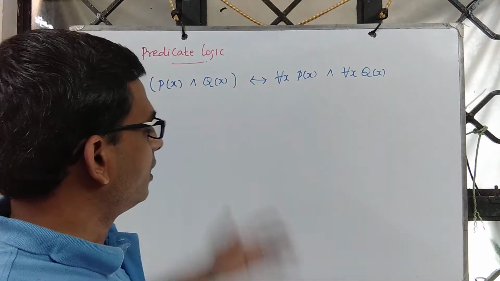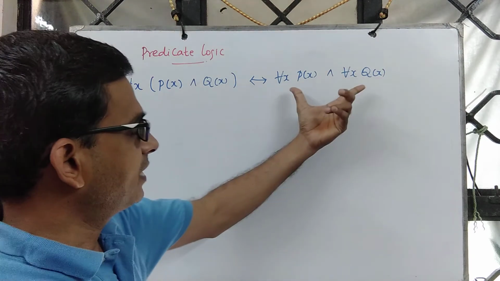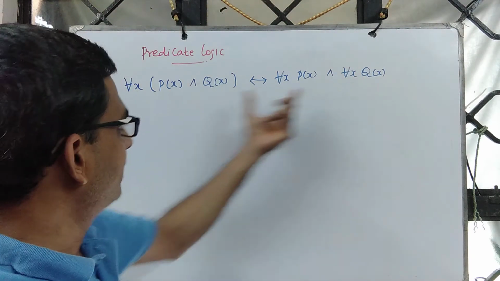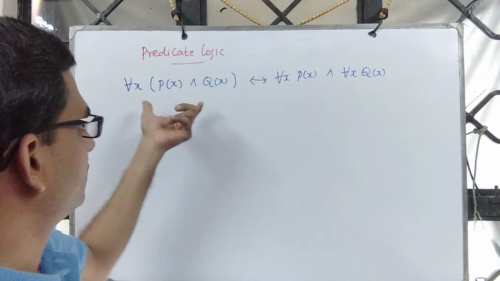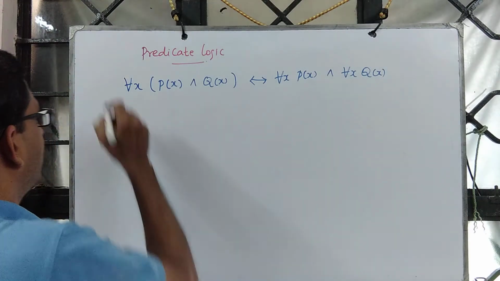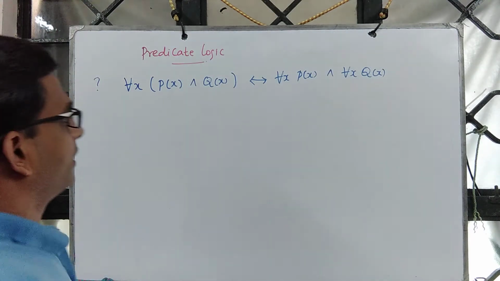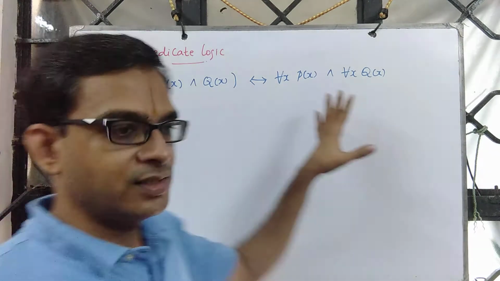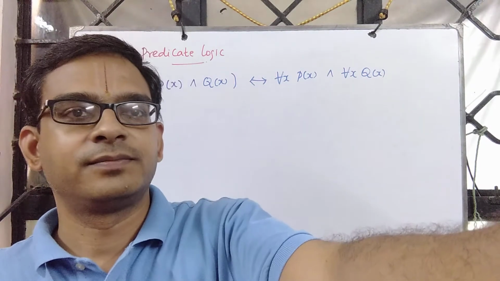Suppose in a logical argument an expression like this comes, can I replace this with this and vice versa? So we want to know, are this and this equivalent?